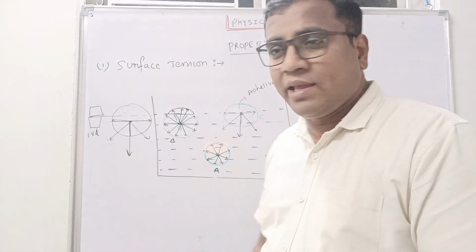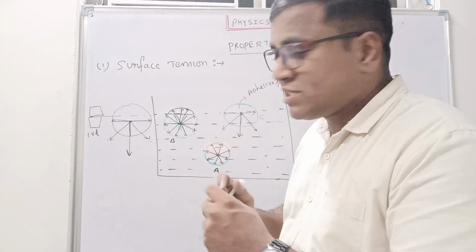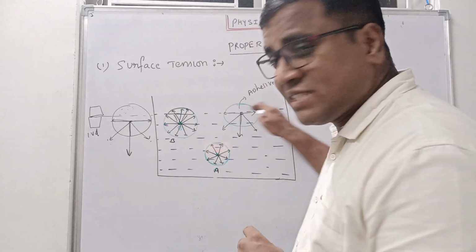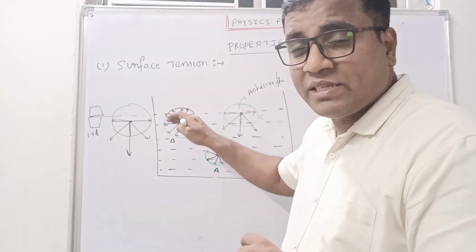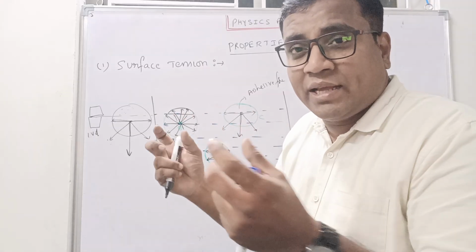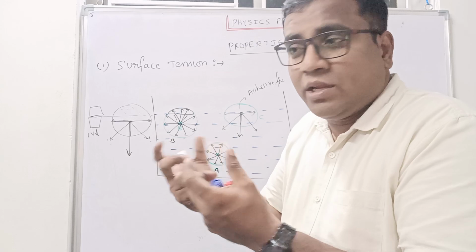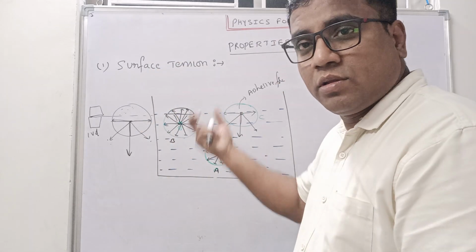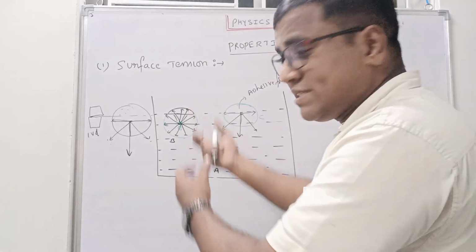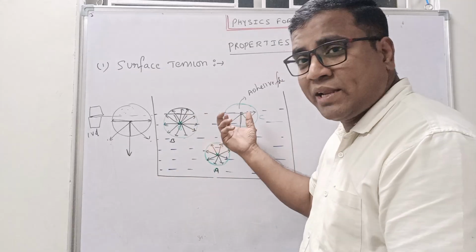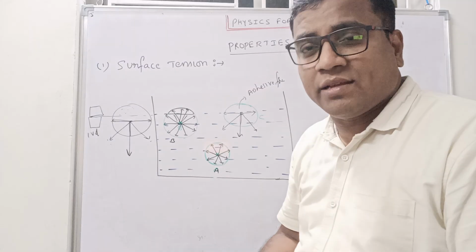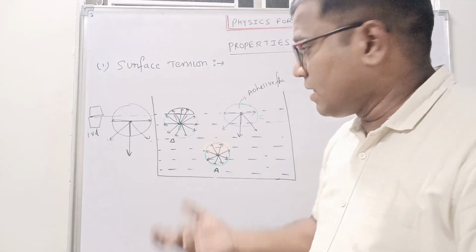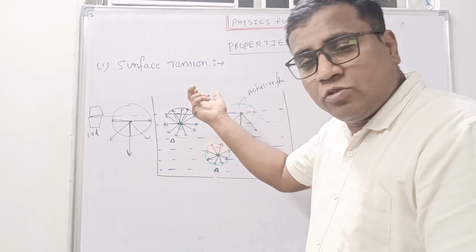Then automatically, throughout the surface, all the liquid particles will experience a downward force. Force is more, correct? So when force is more, all the liquid particles have a tendency to go inside only.